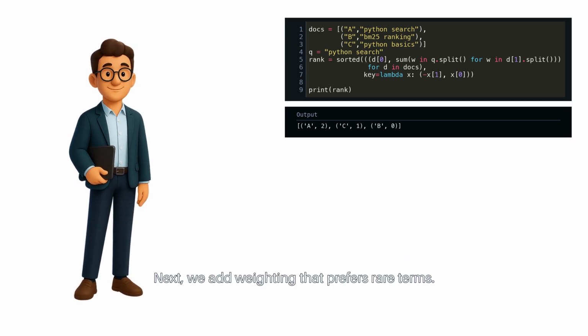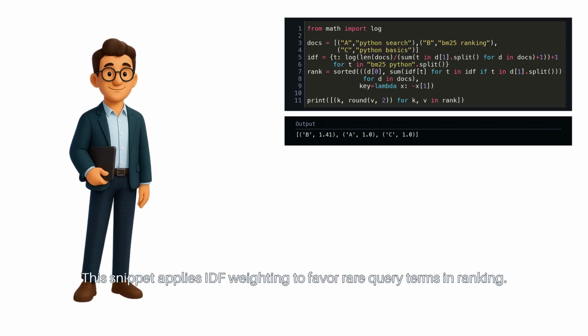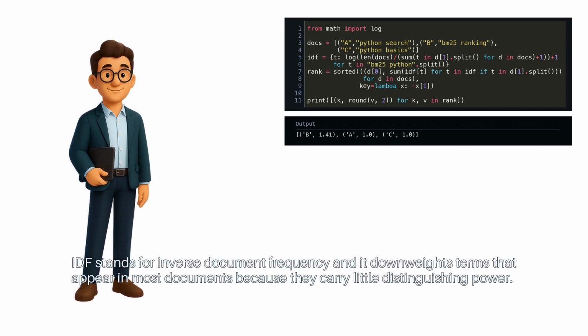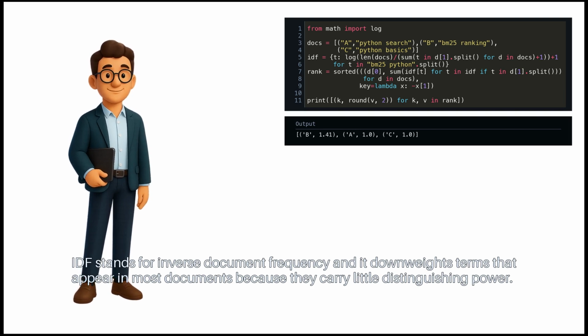Next, we add weighting that prefers rare terms. This snippet applies IDF weighting to favor rare query terms in ranking. IDF stands for inverse document frequency, and it downweights terms that appear in most documents because they carry little distinguishing power.